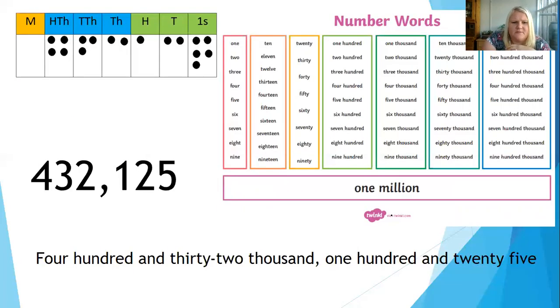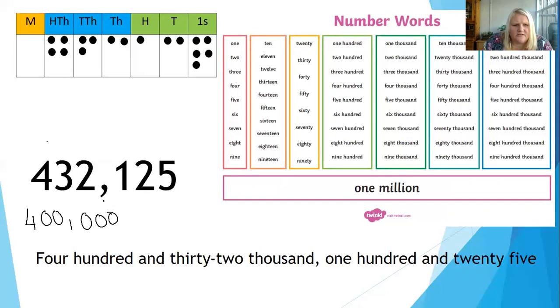So let's look at this one. If we look at 432,000, it's quite a simple thing. We're looking at the 100,000s, so we know that that's 400,000. Or if we write it underneath, we can partition it. 400,000.